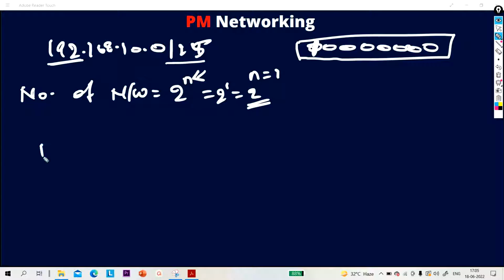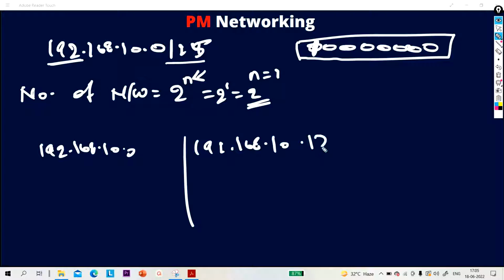First network is 192.168.10.0 and the second network is 192.168.10.128. Am I right? Because you need to find the block size. So the formula to calculate block size is 256 minus the subnet mask of that octet where the last one is present. The last one is present in the fourth octet. So what will be the subnet mask of this octet? 128, because only the first bit is on, right?